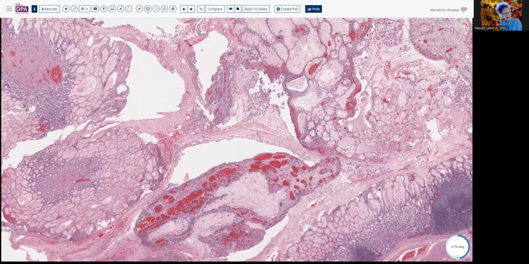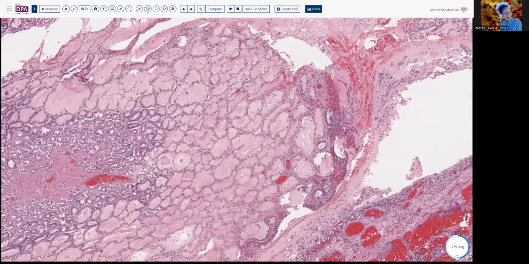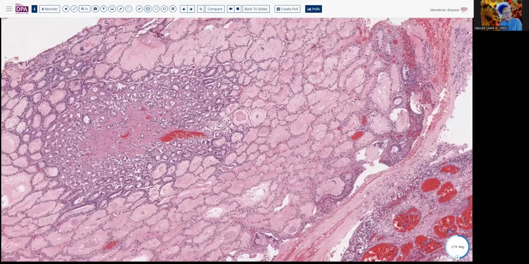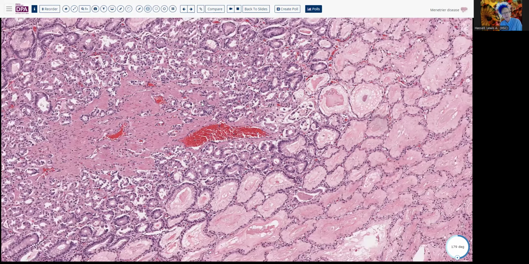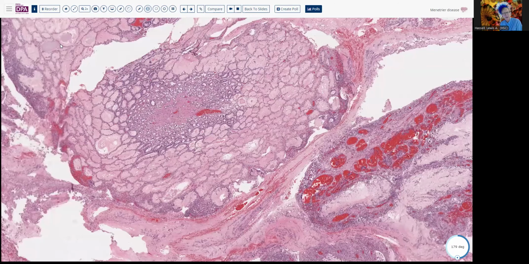Areas where the smooth muscle of the muscularis mucosa gets kind of pulled up into the glandular tissue. So here you can see that this smooth muscle is a very irregular boundary and is getting pulled up into the oxyntic mucosa in areas. So you do have some sort of smooth muscle engagement in this process.